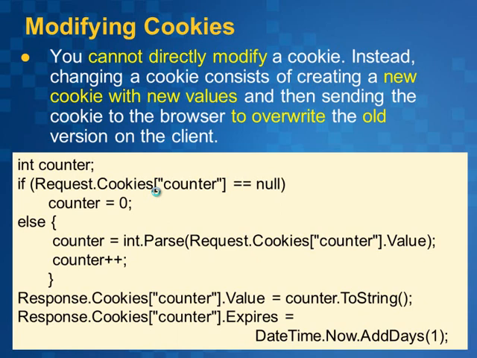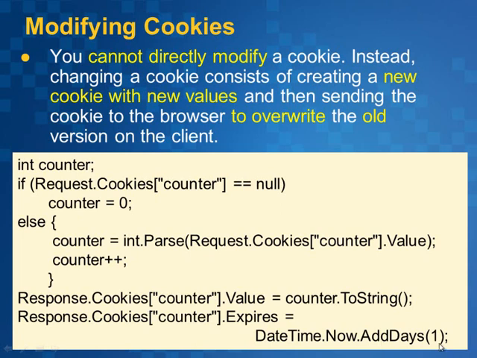So let's look at the same scenario with a counter. I want to set the counter, and as the user comes back again and again, I want to increase the value of the counter. First I check whether there is a cookie with the name counter. If it is not there, I set the counter value as 0. Then I put this counter value into the cookie, and I set an expiry date of 1.